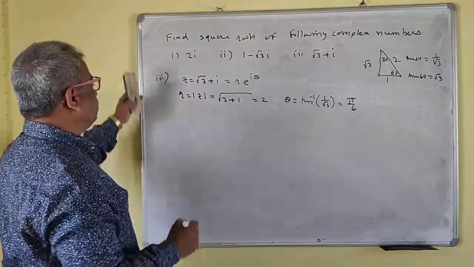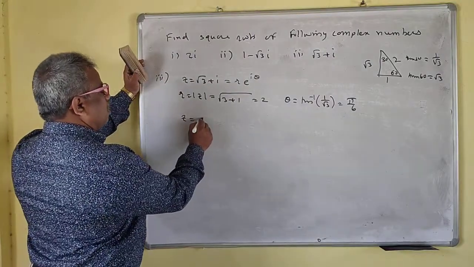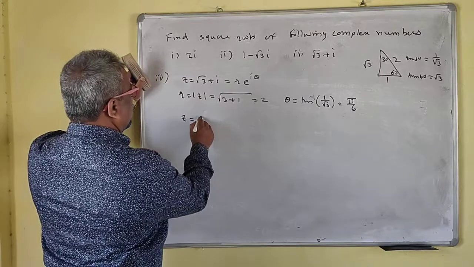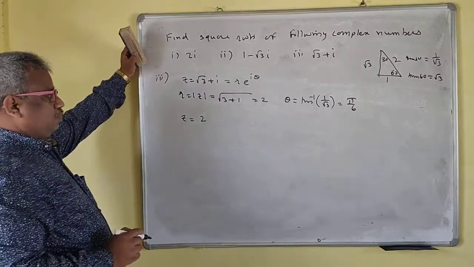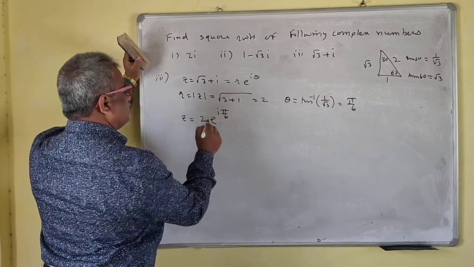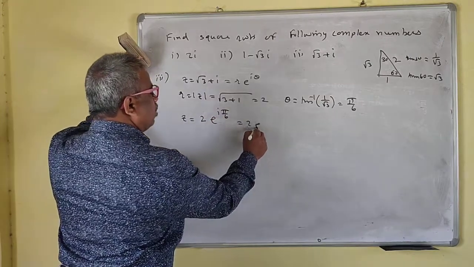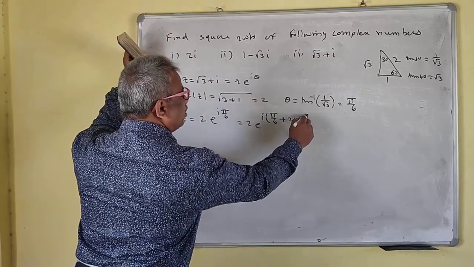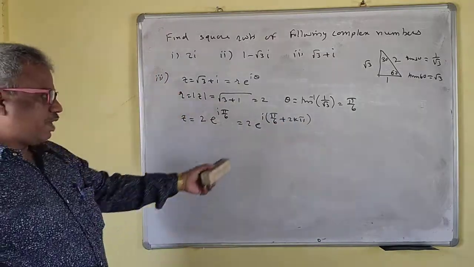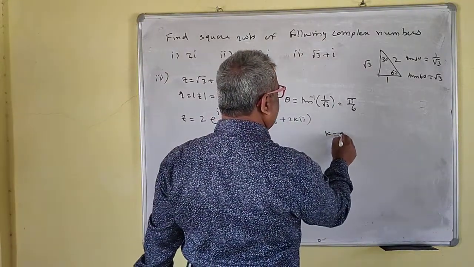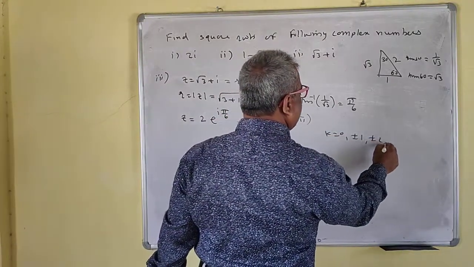So this is pi by 6. So your z is what? R means 2. So z is 2 e raised to i pi by 6, which is equal to 2 e raised to i(pi by 6 plus 2k pi). I can write this as 2k pi, where k is equal to 0, plus or minus 1, plus or minus and so on.